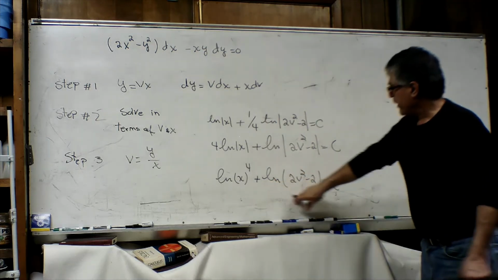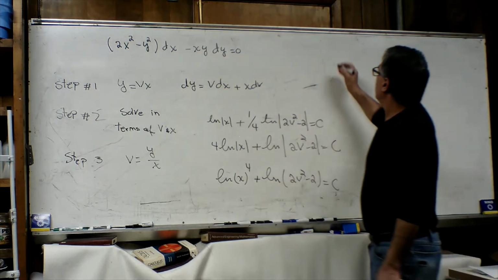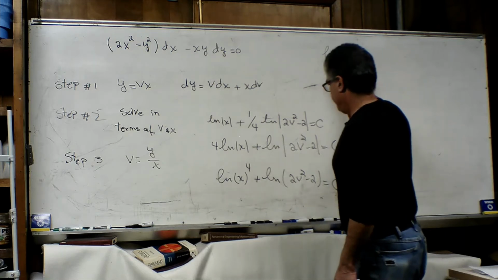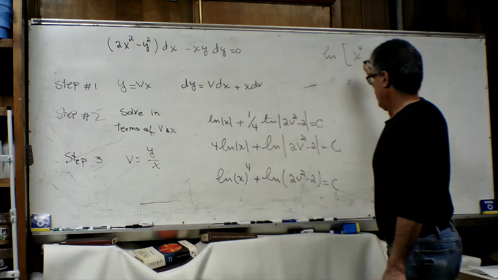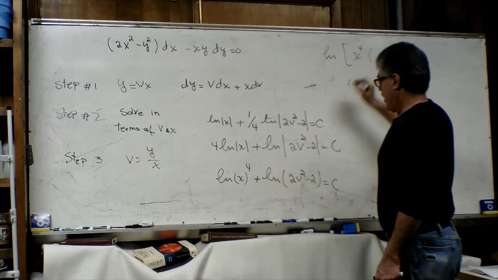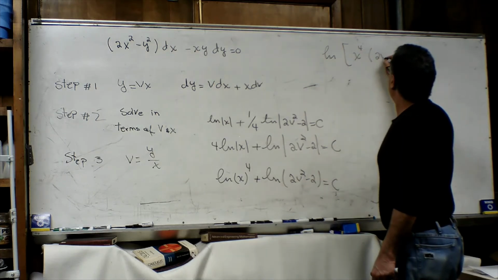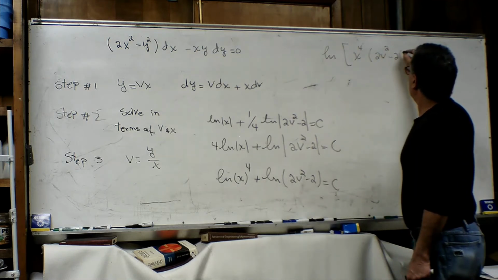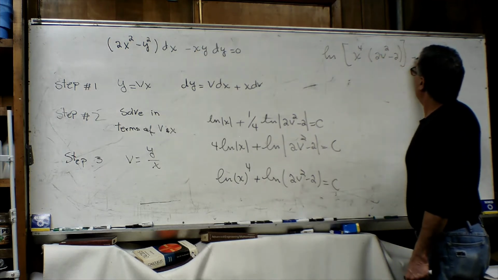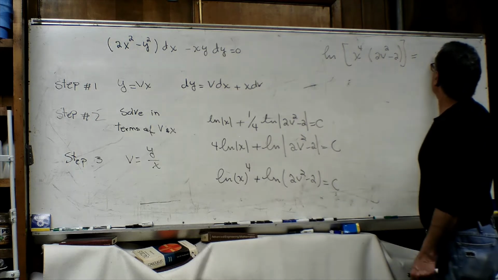Now we can write this as natural log of x to power 4 multiplied by 2v squared minus 2 equal to the constant.